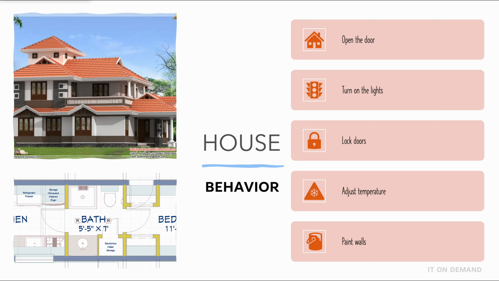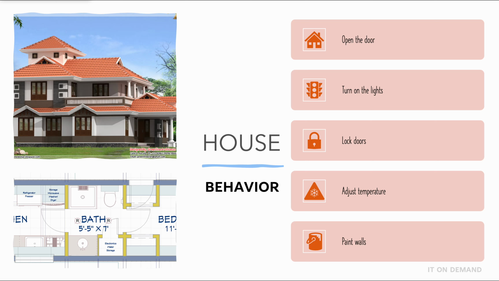Take any object, actually. For instance, a car can move, a car can brake, a car can accelerate, right? Take a dog, for instance. A dog can eat, a dog can bark, a dog can move, a dog can walk, a dog can run.